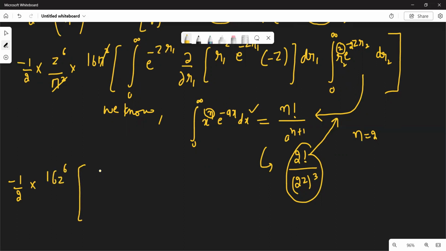And inside we have 0 to infinity e raised to power minus Z r1. Again, we have differentiation. Here we have minus Z, right? So minus Z I'm writing here.